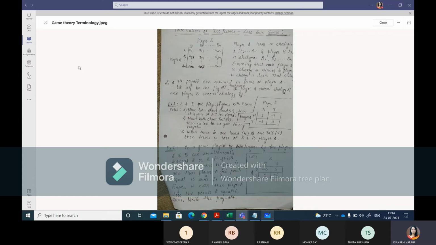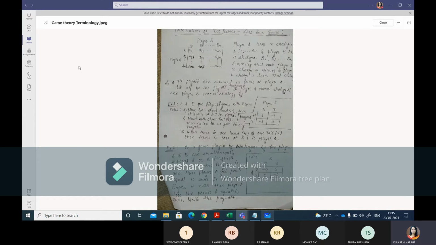When both the players show head H, then it is a gain of rupees 1 for player A. So it's a game of 2 coins, which many of us have also played in childhood.